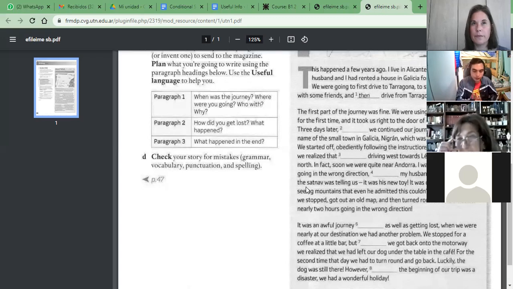They went in the wrong direction because the satnav was wrong, and the husband followed the satnav. Okay, good. The husband did what the satnav said, and it was wrong. The setting or something was wrong.